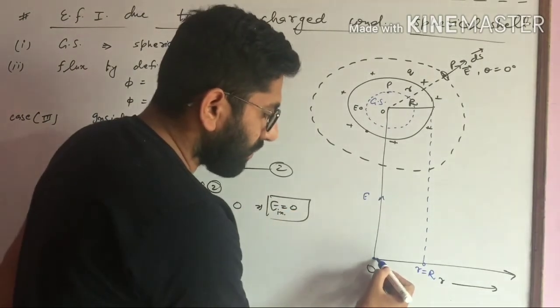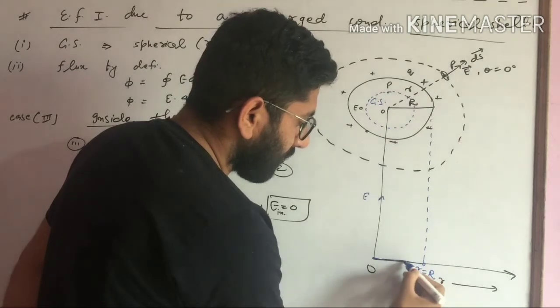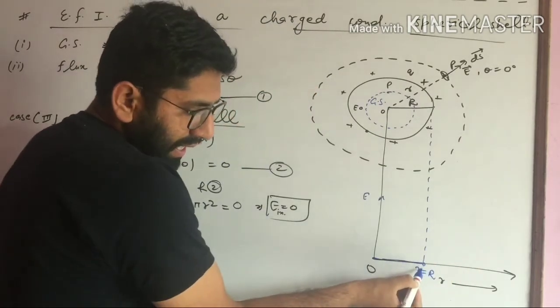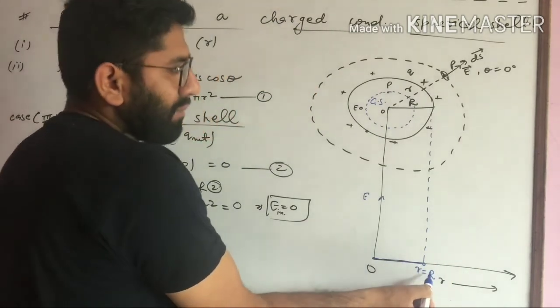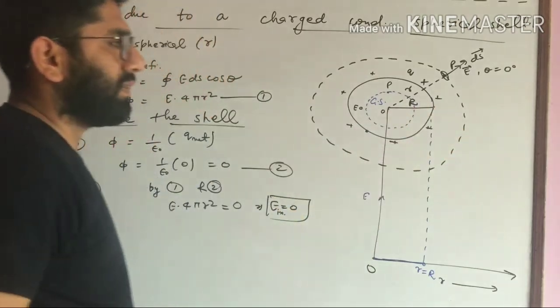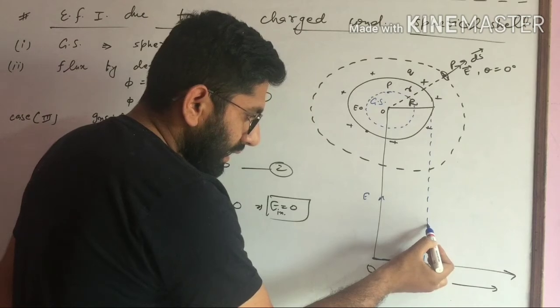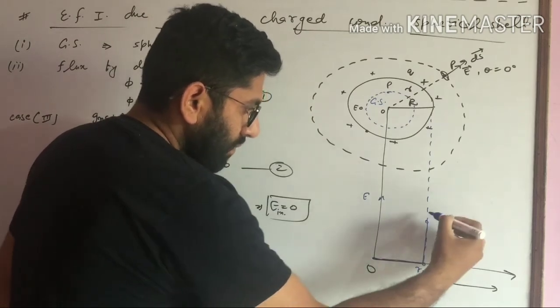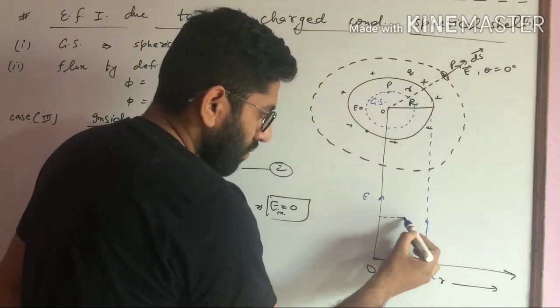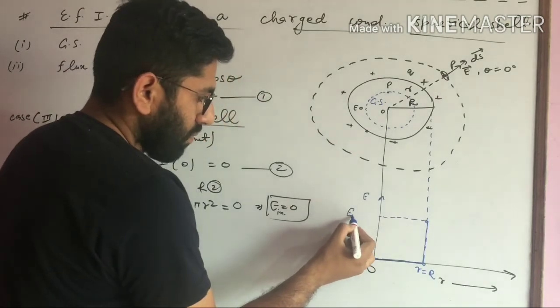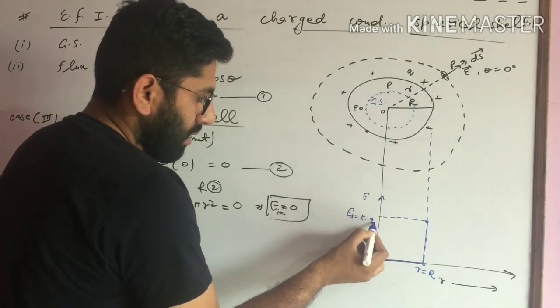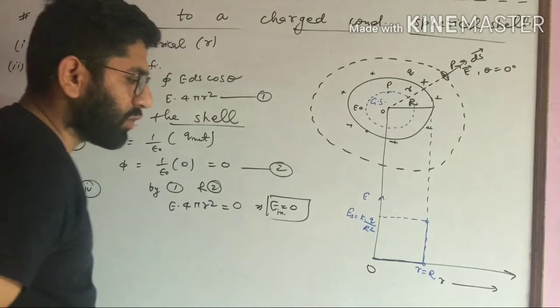So the graph will be something like this. As you reach this point, r equal to capital R, meaning you are at the surface of the shell, and at the surface the electric field, as we just calculated, was q upon capital R square.